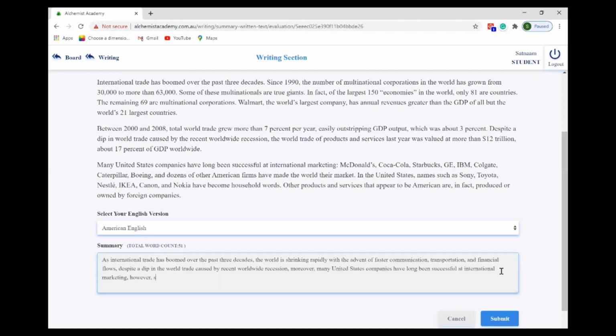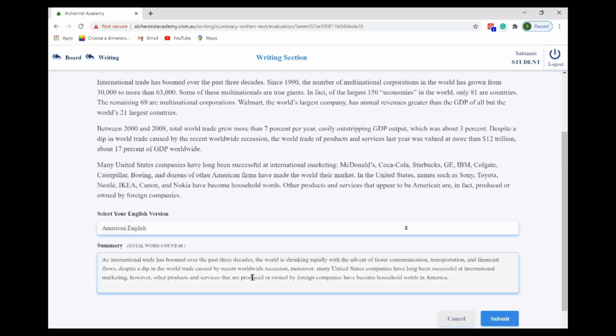However, other products and services that appear to be... Okay, I think I need to rephrase this part. I cannot just copy paste it. So what I'm going to do is just rephrase this, and I'm going to make it as: produced or owned by foreign companies have become household words in America. Let's make it simple, in America, because that's what we can use over here, right?